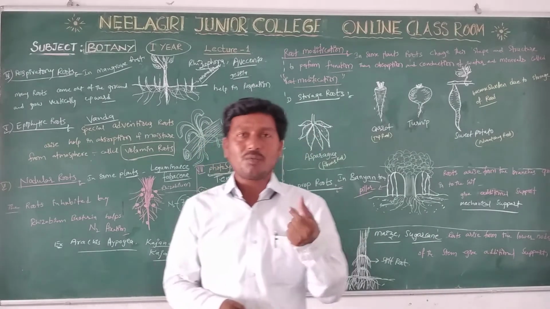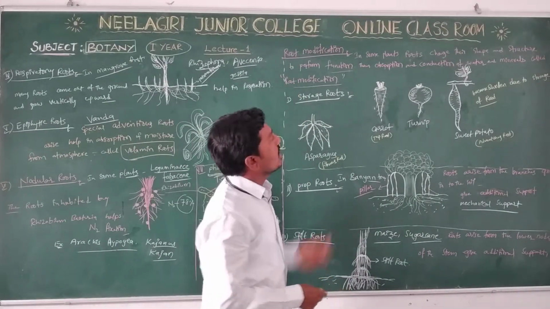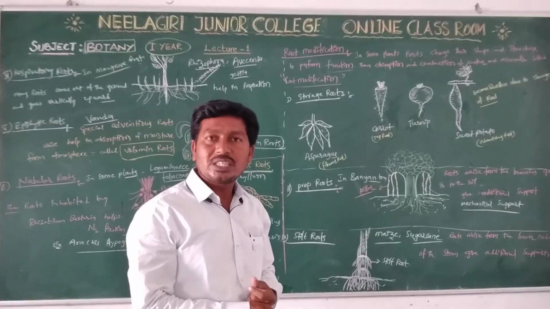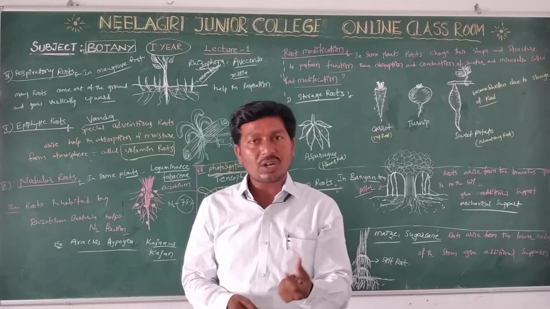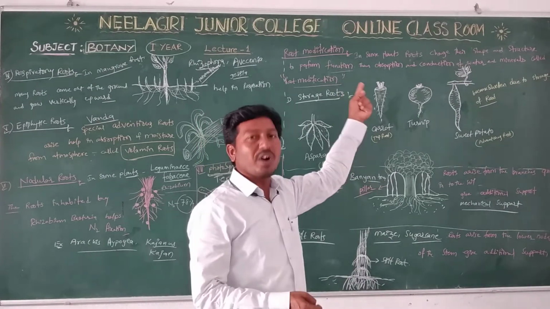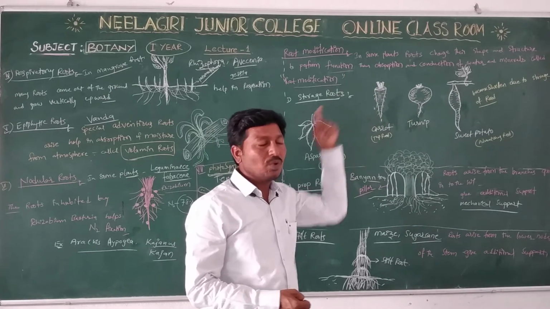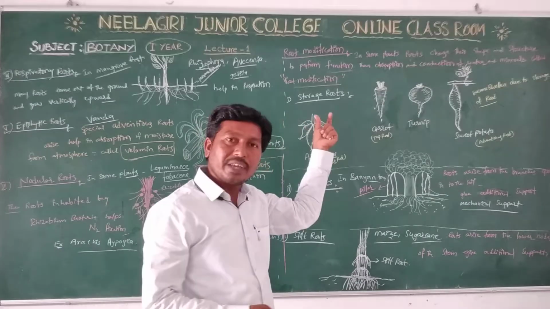Now, root modification: in some plants, roots change their shape and structure to perform absorption and conduction of water and minerals. It is called root modification. Root modifications are of eight types.